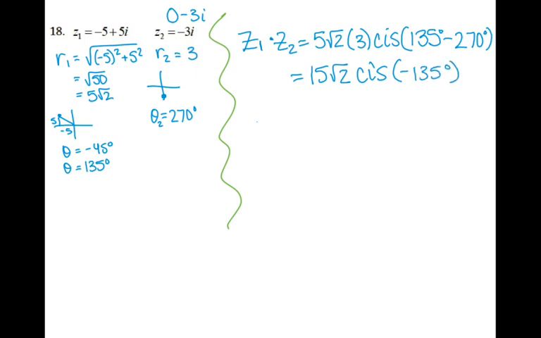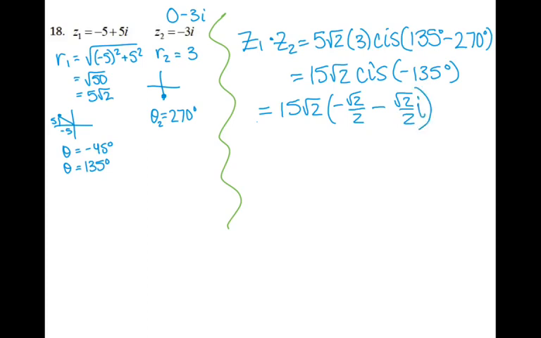And then I am going to find cosine of negative 135, which gives me negative root 2 over 2, plus i sine of negative 135, which is negative root 2 over 2. So I can change that to minus root 2 over 2.